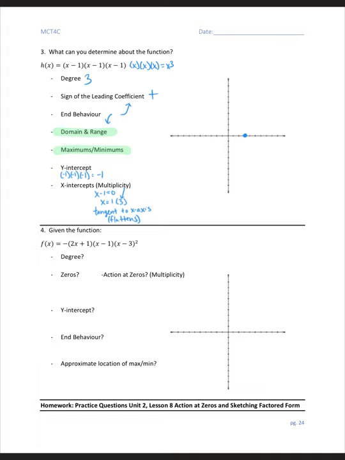One thing I want to point out is that this function has a multiplicity of 3. Okay, so when it has a multiplicity of 3, the graph is going to flatten or be tangent to the x-axis at that 0. So we know our end behaviors on either side of our 0 to the left are going to go down. And we also have a y-intercept at negative 1, so let's plot that there.